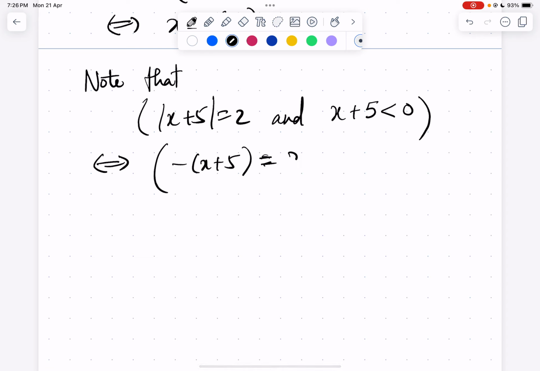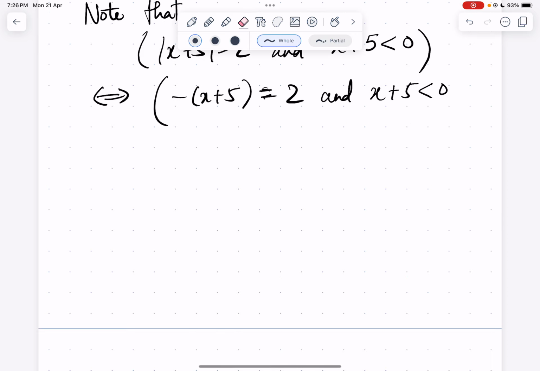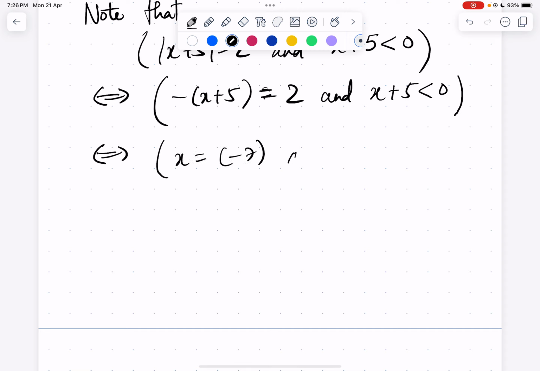Minus of x plus 5 is 2 and x plus 5 is less than 0. This is same as saying x equals minus 7 and x less than minus 5, which is same as saying x equals minus 7.